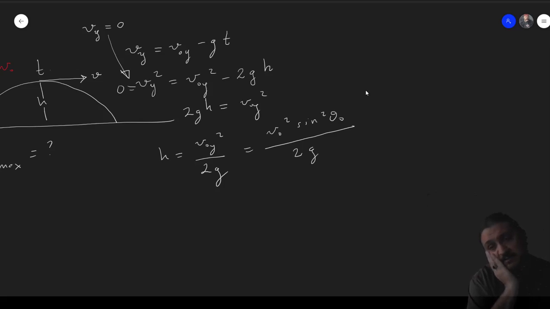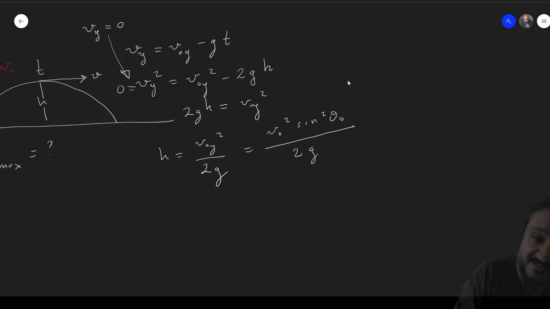So how do we get maximum height? Now you have only theta naught here, not 2 theta naught. So when you're shooting directly upward, that's when theta is 90 degrees and sine 90 is 1.